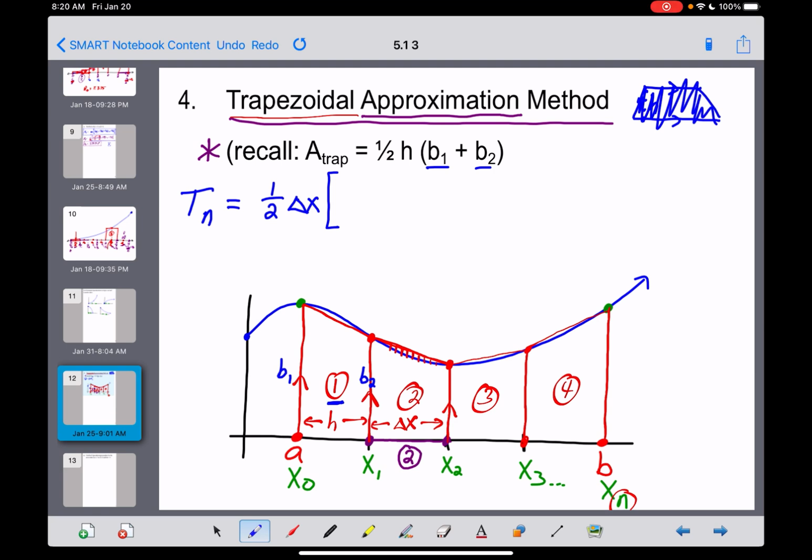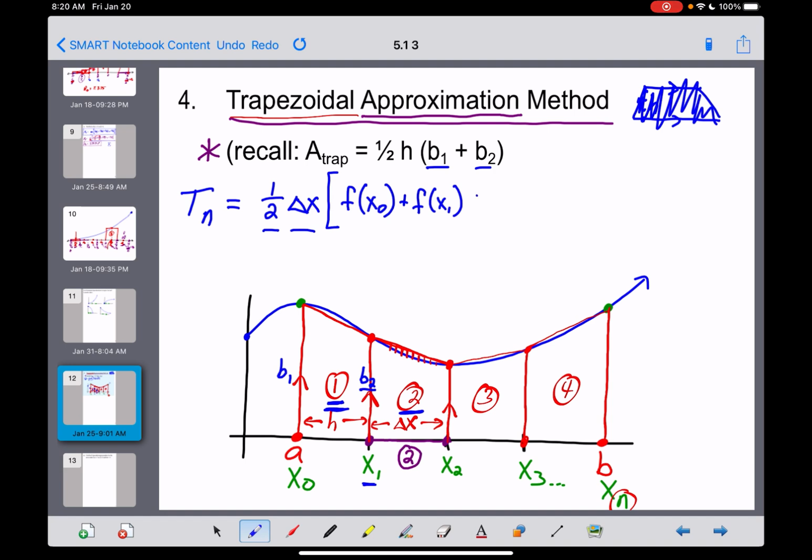That height on the left comes from evaluating f at x naught. And then we'll add to that base 2, which is going to be f evaluated at x sub 1. And what I have right there, guys, is the sum of the bases for trapezoid number 1. But now as we move on to trapezoid number 2, again, this 1/2 and this delta x were pulled out because they're constant.